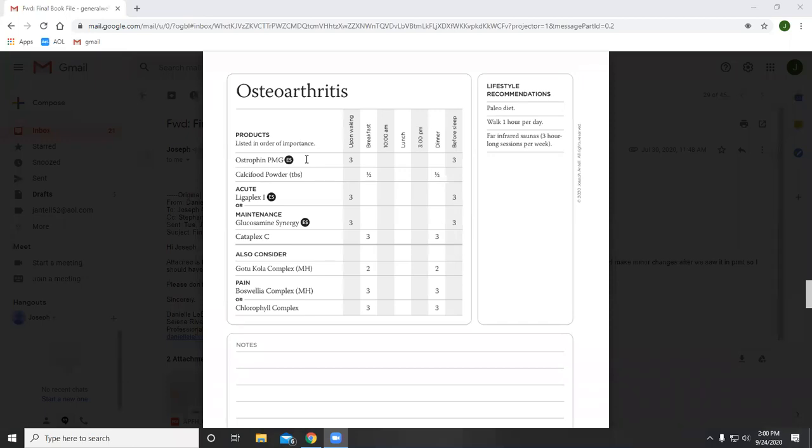Now, that support would mainly be, again, in the Calcifood. Okay, so when you're taking Calcifood, you are literally taking this aggrecan. You're taking that into your body because they grind up the joints.